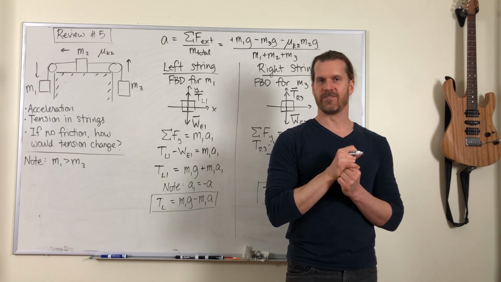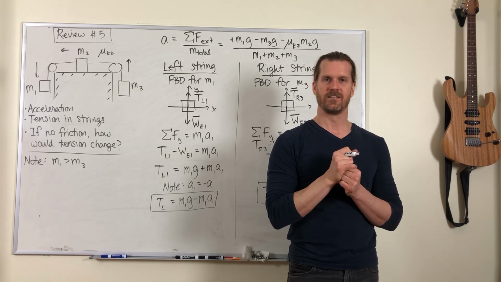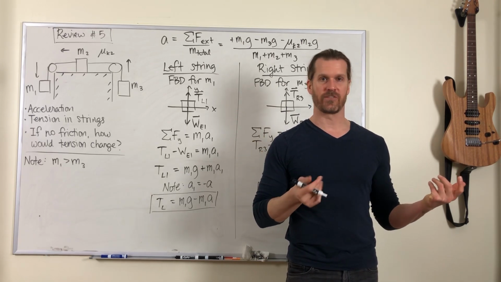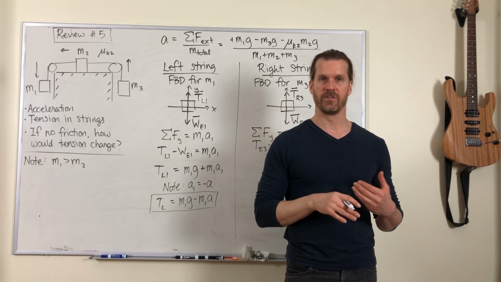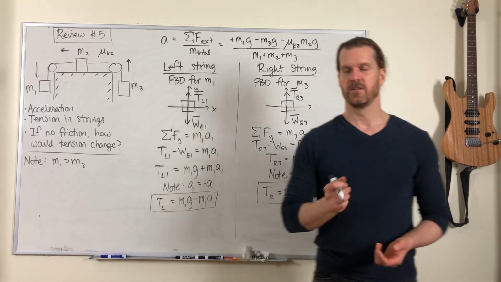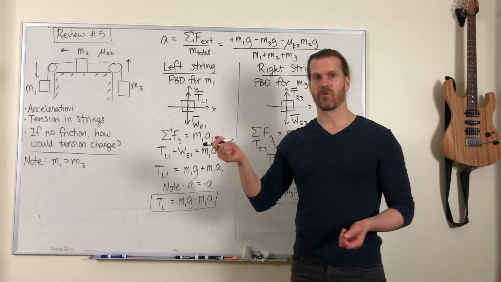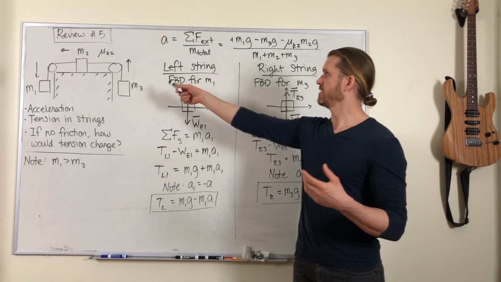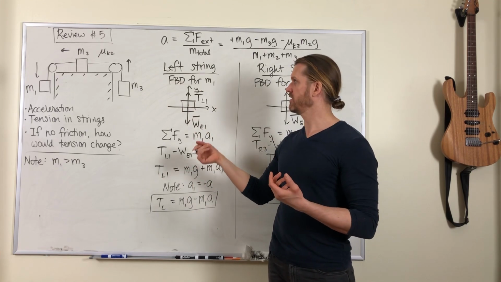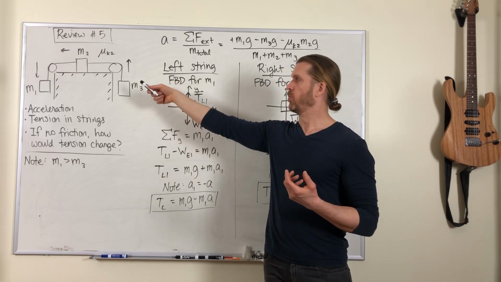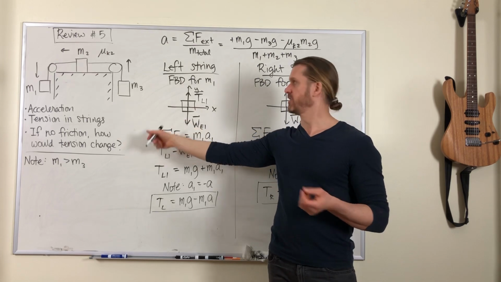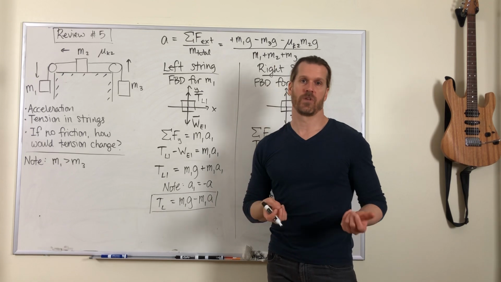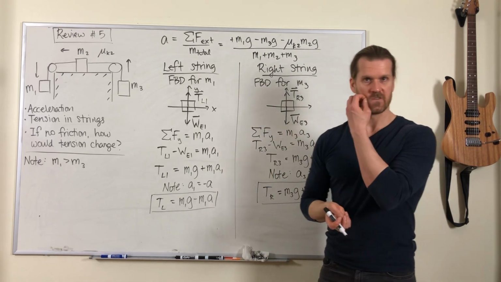I may have a variation where there's some number of objects and some of them might be on slopes, some might have friction. So in problem 4, we had 2 objects, one was on a slope, they both had friction. In problem 5, there's 3 objects. One of them is on a flat surface with friction, 2 are going vertically. So there's lots of possible configurations.